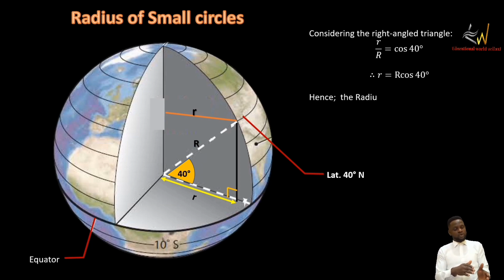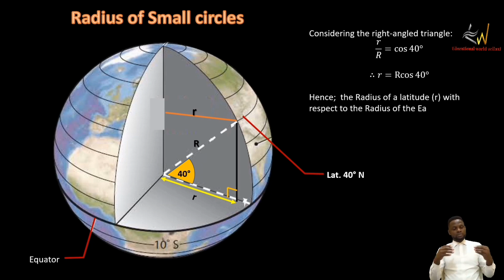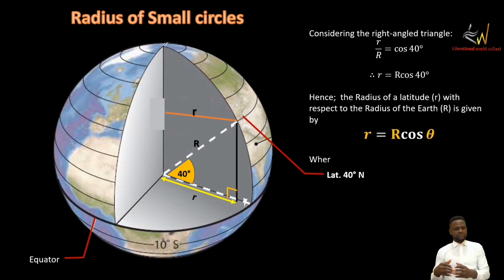Making small r the subject of that formula, the radius of that latitude becomes big R cosine 40 degrees. This is a very important relationship.